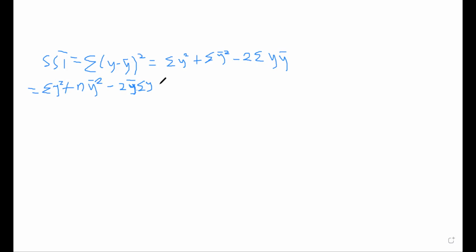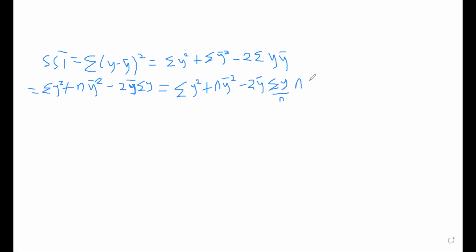Now I can easily write this as summation of y squared plus n y bar squared minus 2 y bar times sigma y. I want to convert this sigma y into y bar, so I divide through by n as we did before and cancel it here.